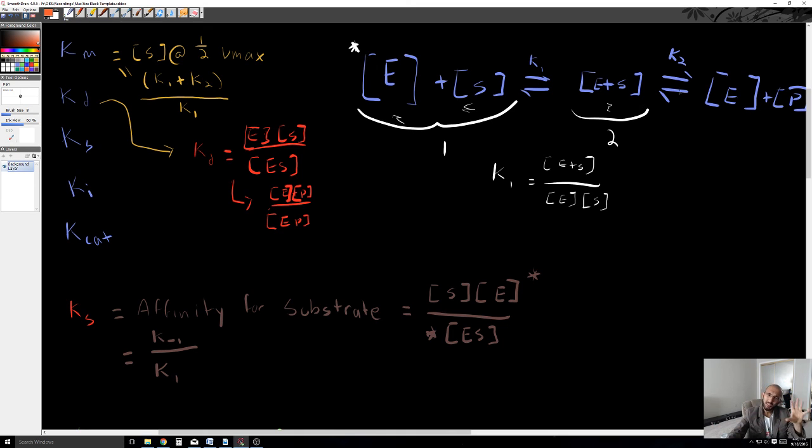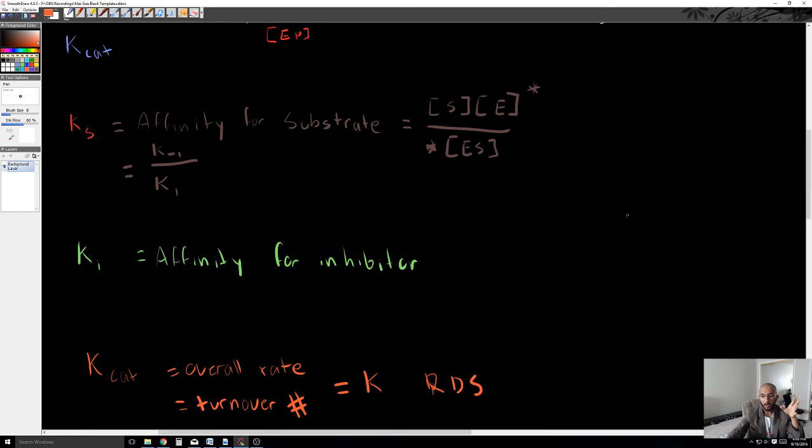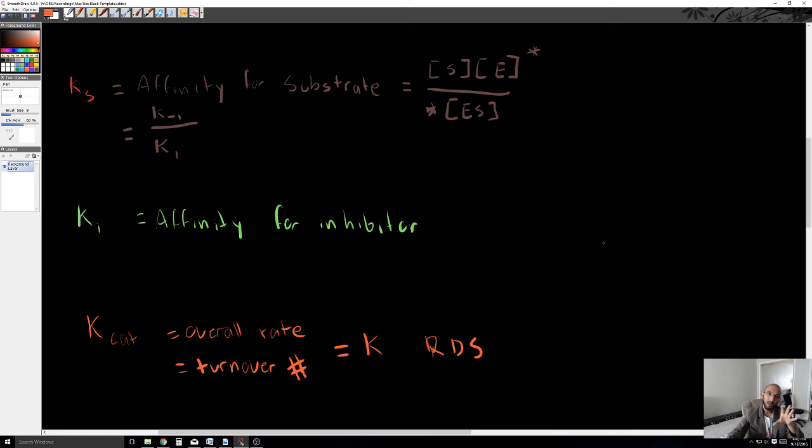So K2 is generally the slower step, but no matter what's going on, you remember from Gen Chem that the rate determining step, the overall rate, is determined by the slowest step. So the rate determining step, the slowest step, is the K-cat. That K value is the K-cat. So what you would do is find the slowest step. That's your K-cat, and that's what you'll use for the problem set.